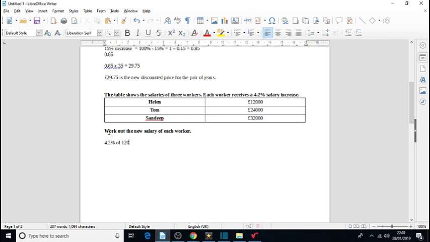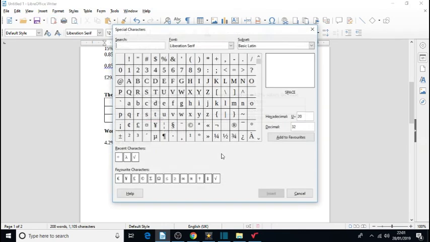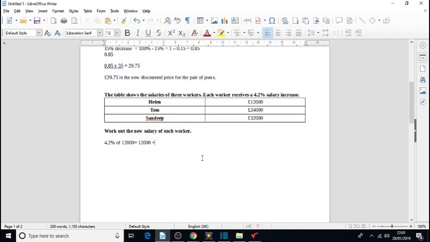of 12,000. If you need to know how to work out a percentage of an amount, refer to my previous video, basics of percentages, how to work out a percentage of an amount. So when working out 4.2% of 12,000, we do 12,000 divided by 100 and then multiply by 4.2, and we should get 504.